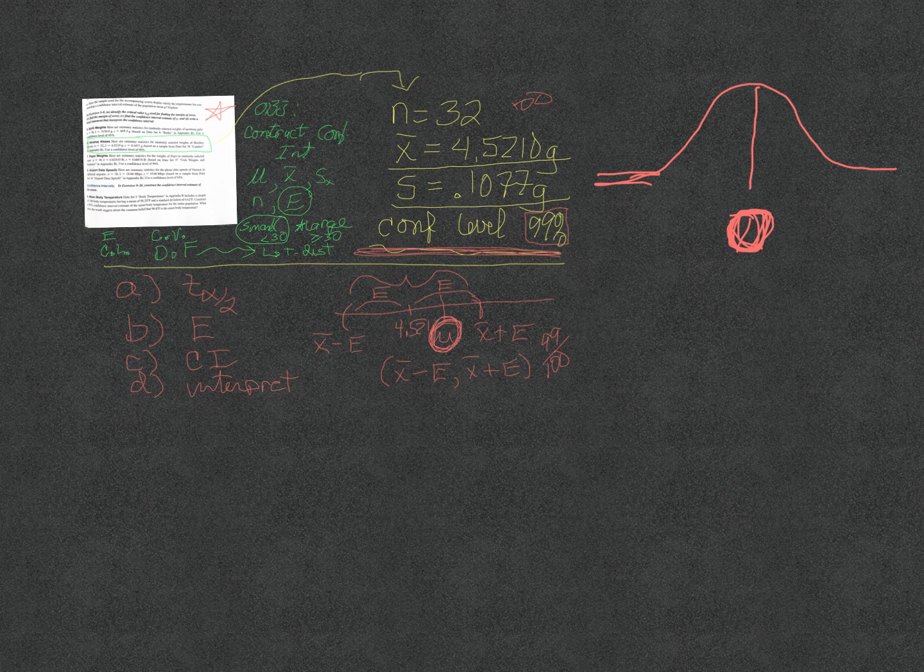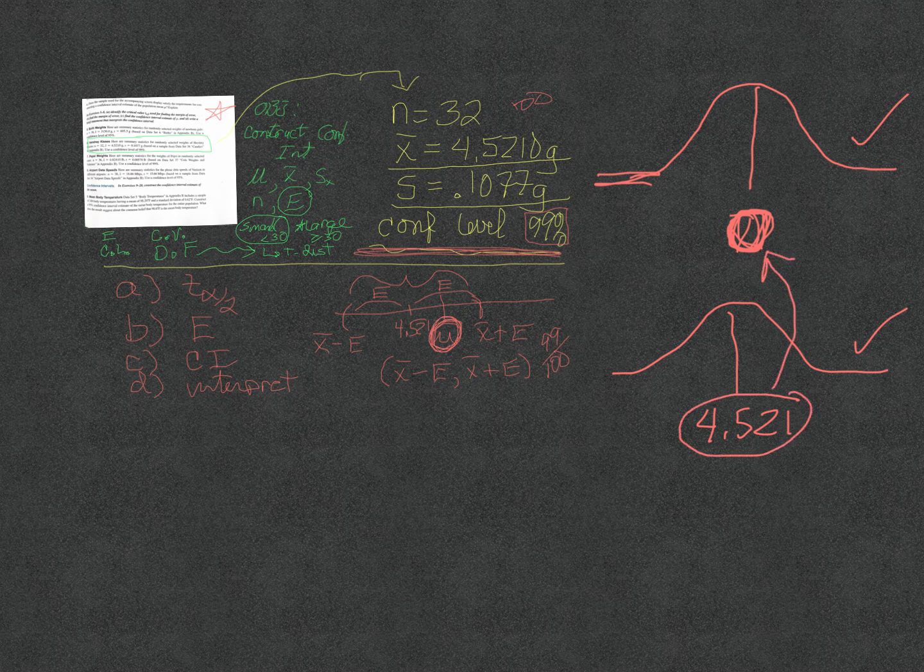Now, somewhere out there is this data centered on the sample mean, 4.521. So there's this curve and there's this curve, and this 4.521 is going to correspond to 0. And so I want to find the T value.